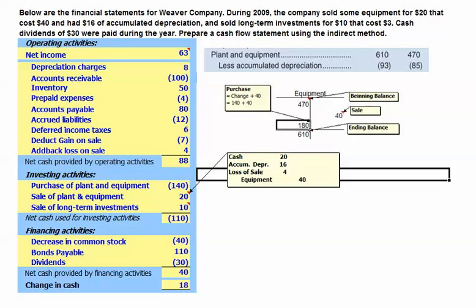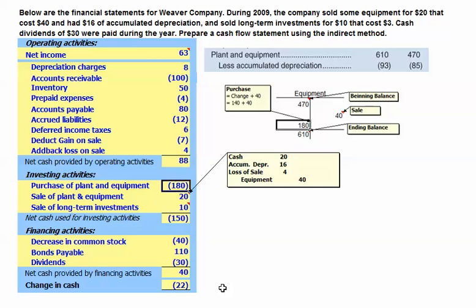So let's go ahead and make that change on our cash flow statement. We have a use of cash. Instead of $140, we have a use of $180. Notice our cash flow statement still is out of balance. It doesn't equal the -6 that we had before we made these changes.